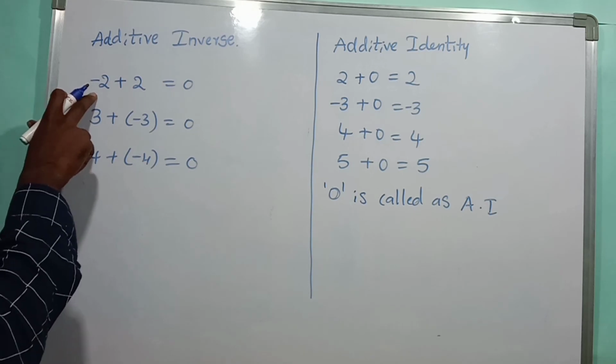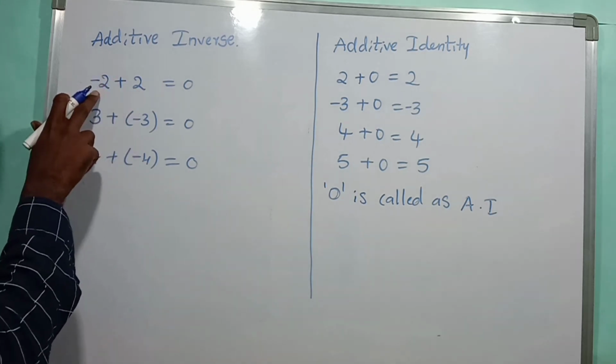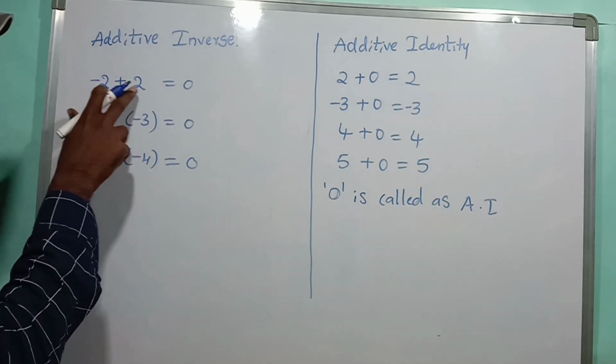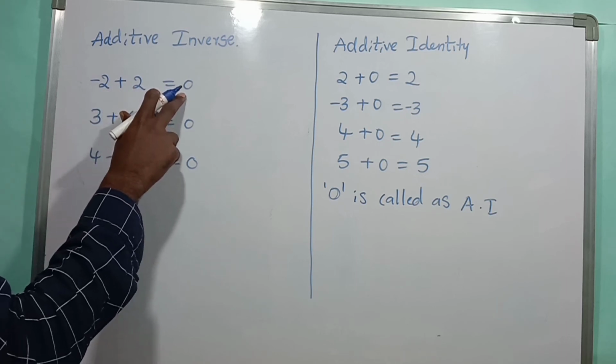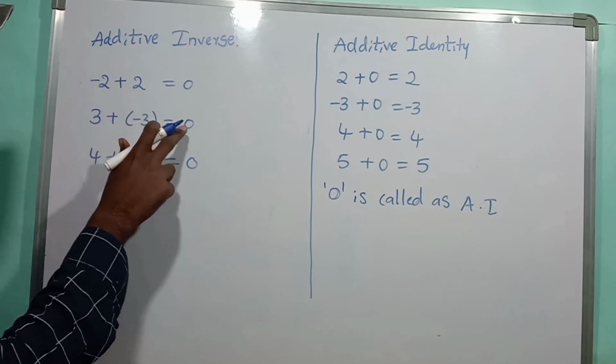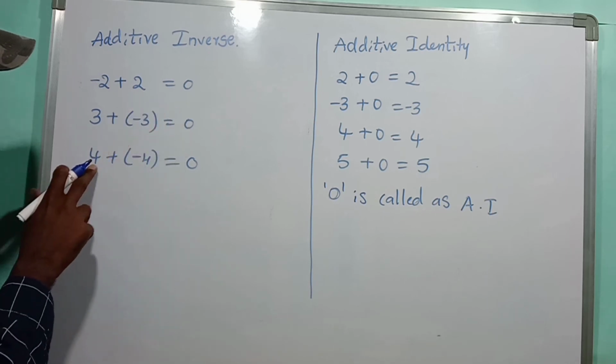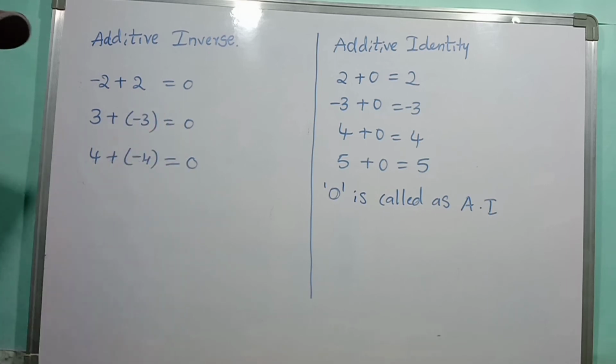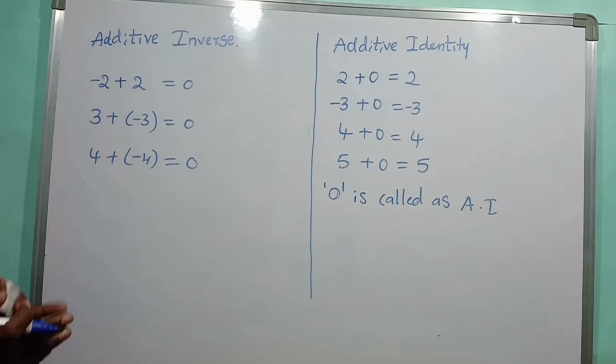Minus 2 plus 2. I am adding minus 2 and plus 2. What did I get? 0. Minus 3 plus 3, what did I get? 0. 4 plus minus 4, what did I get? 0.